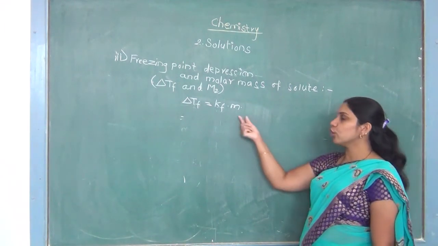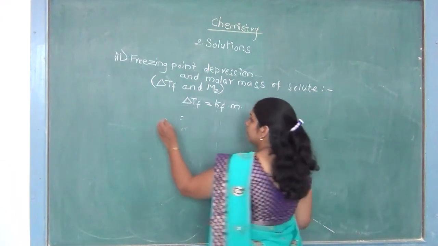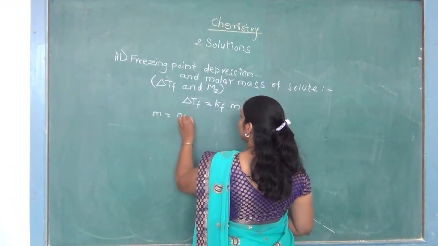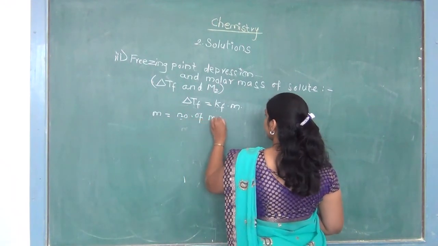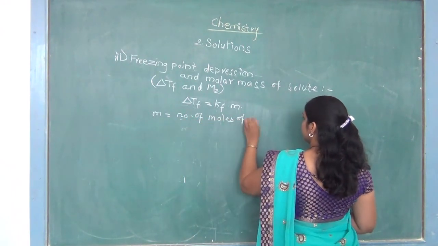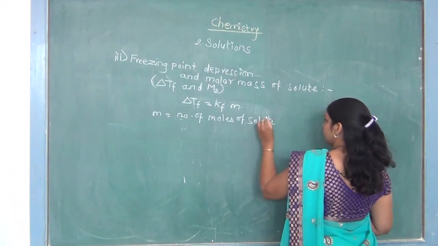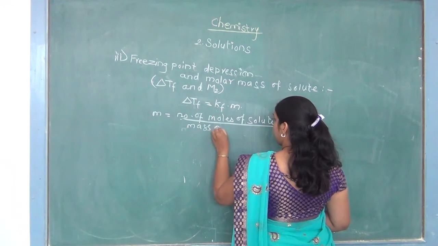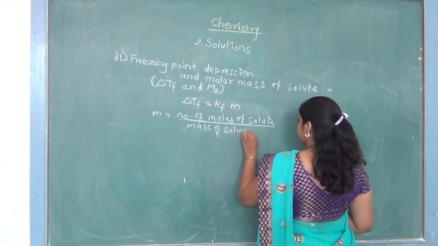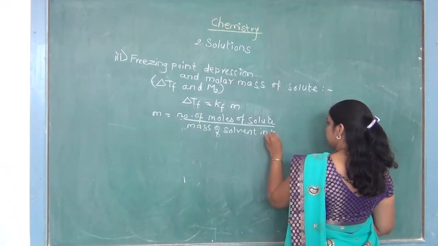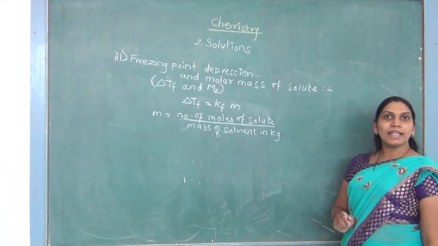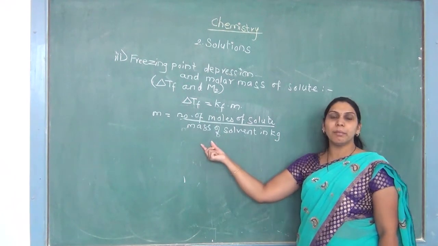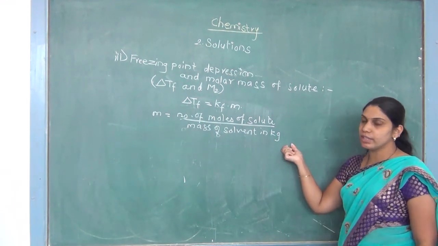We can write the formula for molality, that is small m. Molality can be given as number of moles of solute divided by mass of solvent in kg.